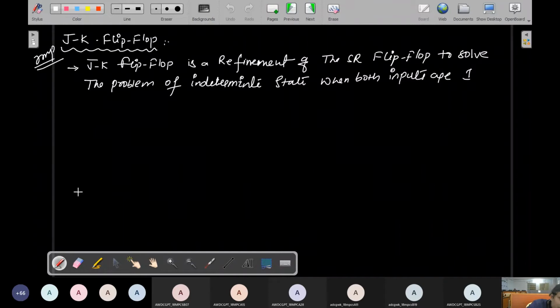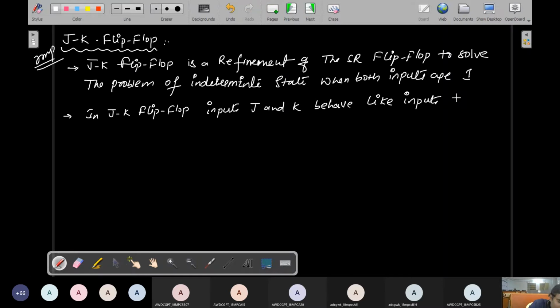flip flop. Okay, see, the next key point is, in the JK flip flop, inputs J and K behave like inputs S and R. Whatever inputs J and K you consider, they behave like the inputs of SR only, set and reset.